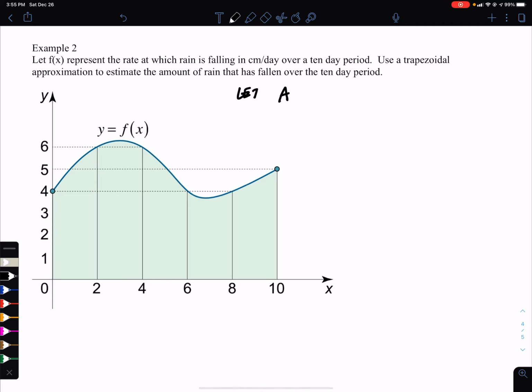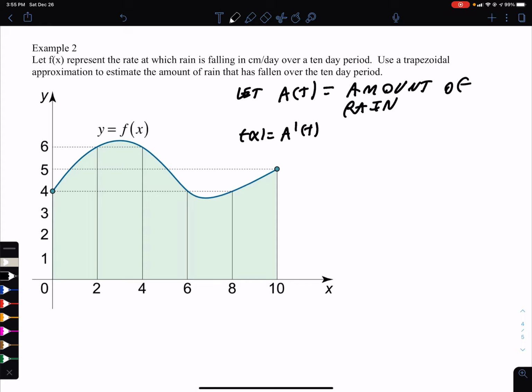Let A of t equal the amount of rain, then A prime of t would be f of x. It's the rate of the amount of rain that's falling.